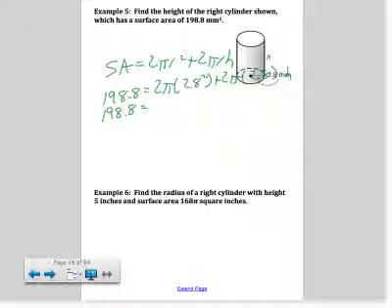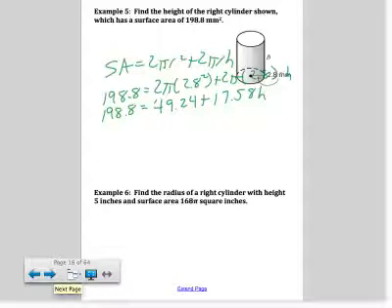So I got 49.24. 49.24 plus, over here I have 2.8 times 3.14 times 2. I got 17.58 h. So subtract 49.24.